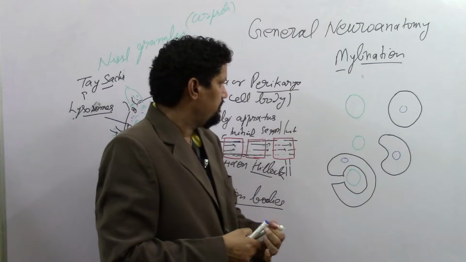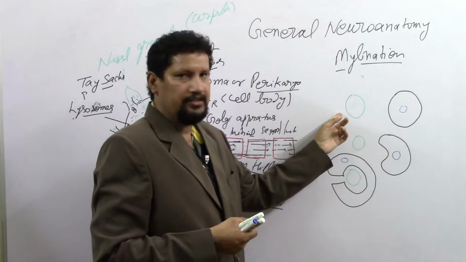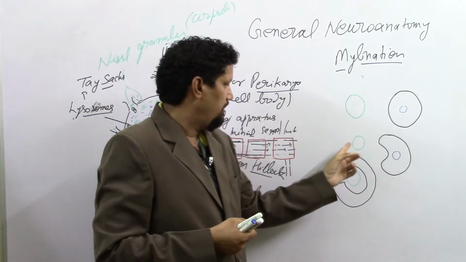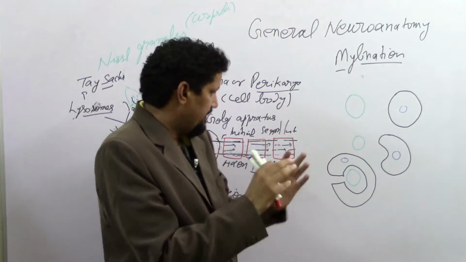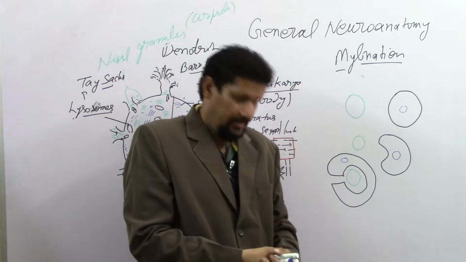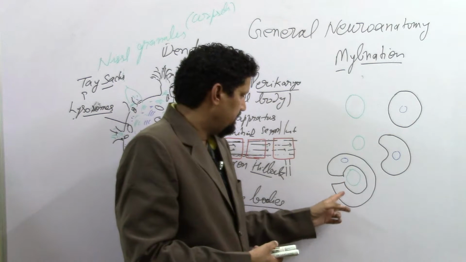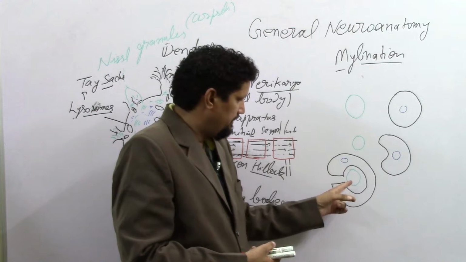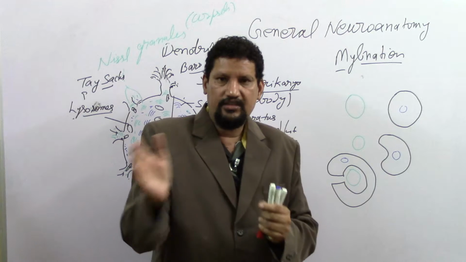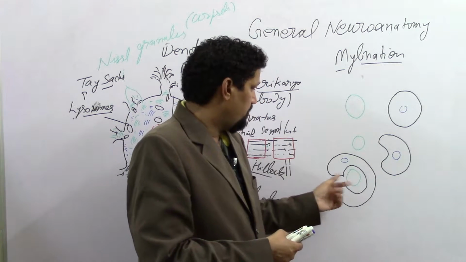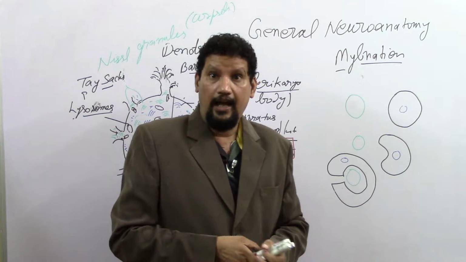So in the initial stage of myelination, there is axon and there is Schwann cell. This Schwann cell will encircle or engulf the axon. Now this is axon, nucleus of the axon. This is Schwann cell, nucleus of Schwann cell. Here is the axon. This part which is connecting the outer environment to the axon, this part of Schwann cell, is known as mesoaxon.